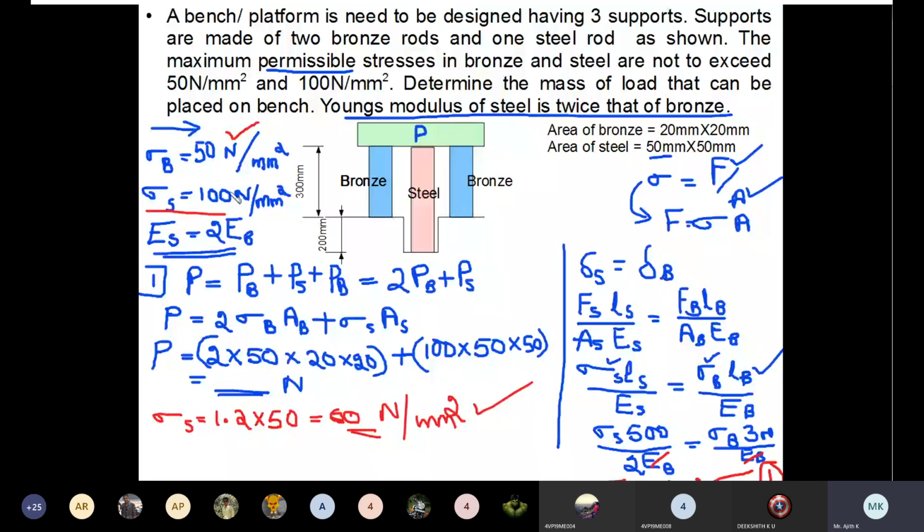Maximum permissible stress is 100, and if actual sigma S is less than this 100, then the design is safe. So I'm getting actual stress as 60 Newton per mm square, which is less than the maximum permissible stress. Therefore, the design is safe.